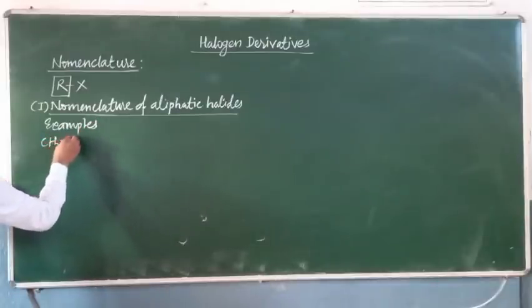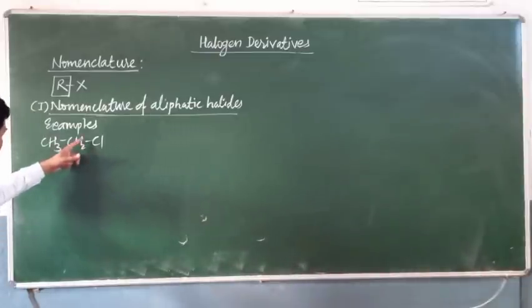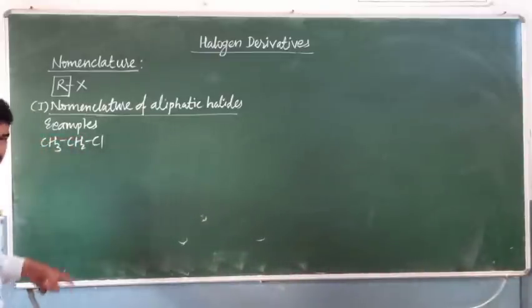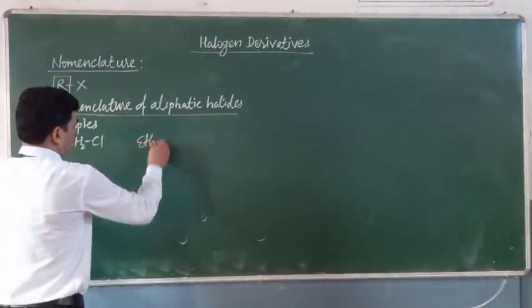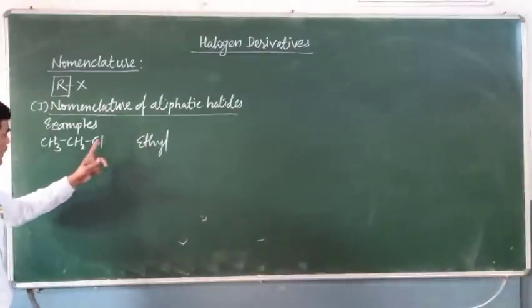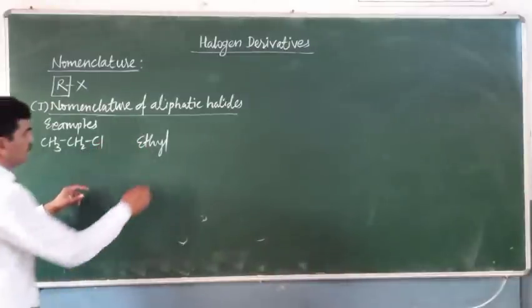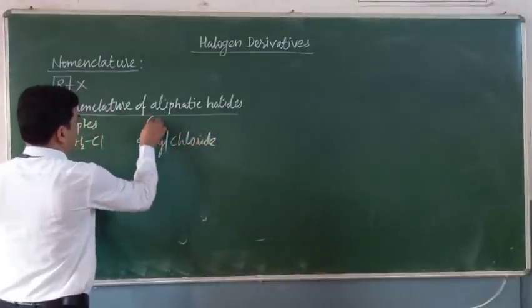Here CH3CH2Cl. The name of the hydrocarbon chain is ethyl, followed by the name of the halogen as halide, chloride. So its common name is ethyl chloride.